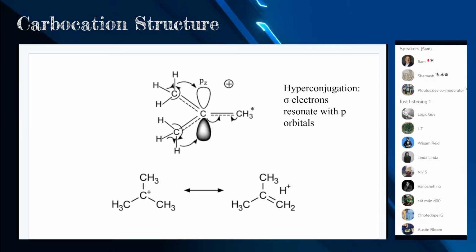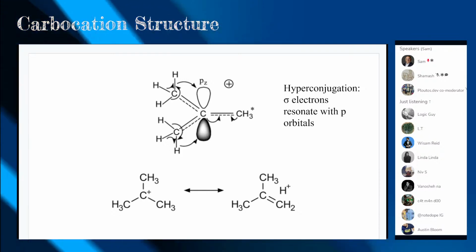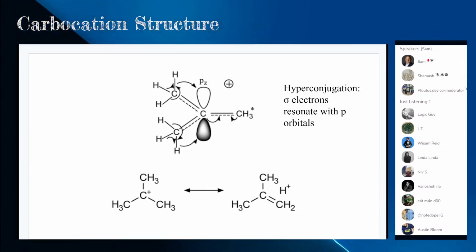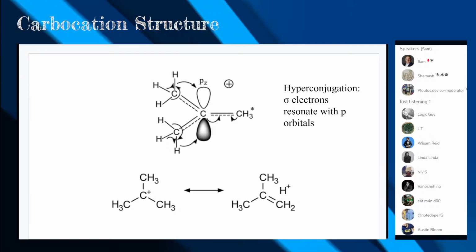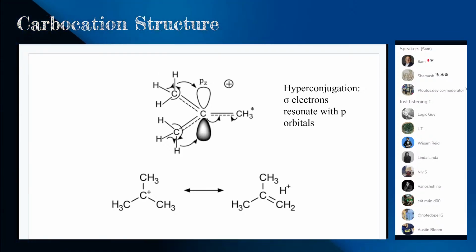It also shows us that our guess at the beginning, that this carbocation is a trigonal planar molecule, makes sense, or at least is consistent with the experimental results that we get here, which are carbon-carbon bonds that are shorter than a single bond and hydrogens that are more acidic than normal methyl groups.